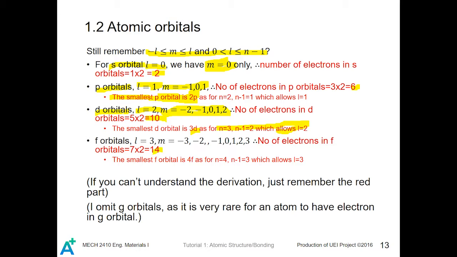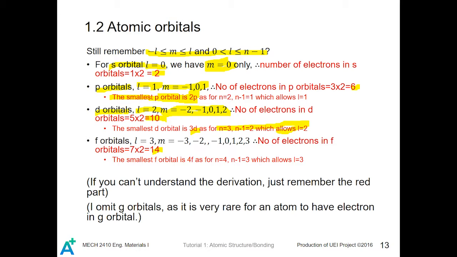And if you still can't understand the derivation, you just need to remember the red part, which is the maximum number of electrons which each orbital can hold, and the smallest orbital which can appear for a certain number of n.